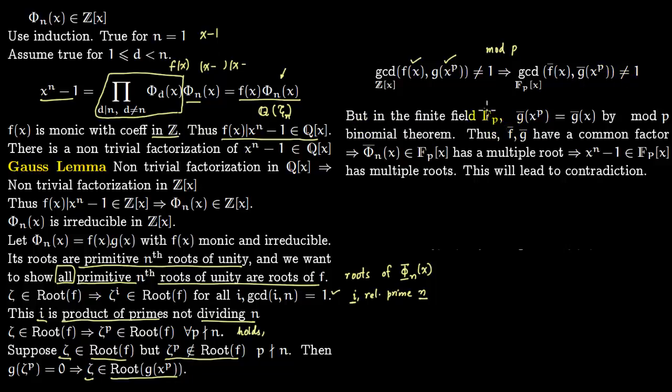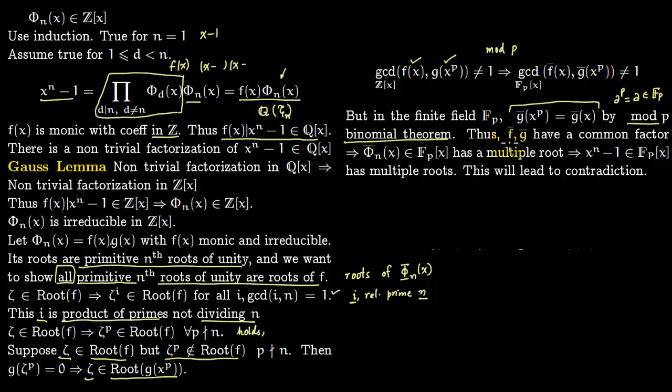But in the finite field F_p, g bar(x^p) is g bar(x). So this we have shown by the modulo p binomial theorem, and this also follows from, say, a^p equals a in a field of characteristic p, and it's a finite field.